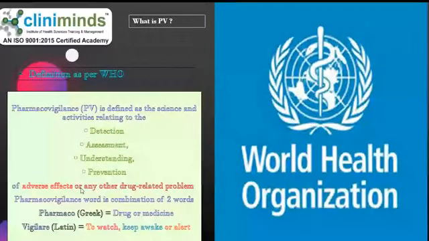As per the WHO definition, we are going to look at the definition of pharmacovigilance. Pharmacovigilance is defined as the science and activities relating to the detection, assessment, understanding, and prevention.